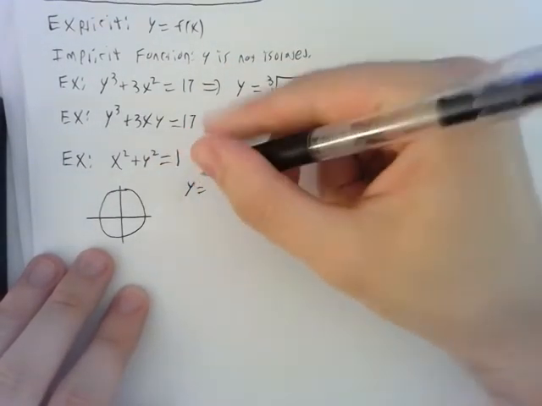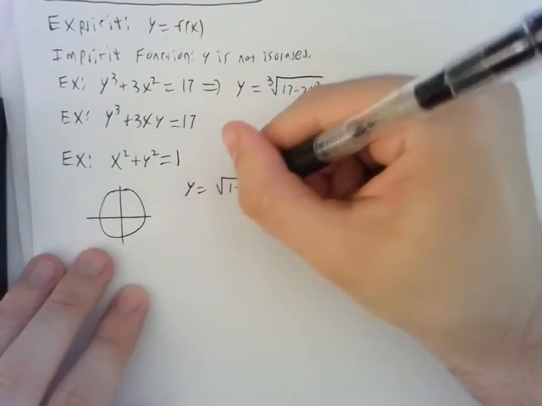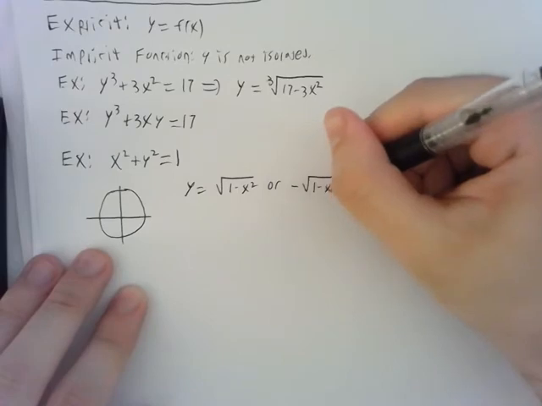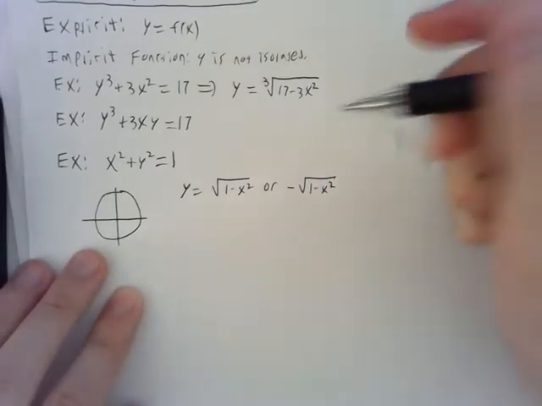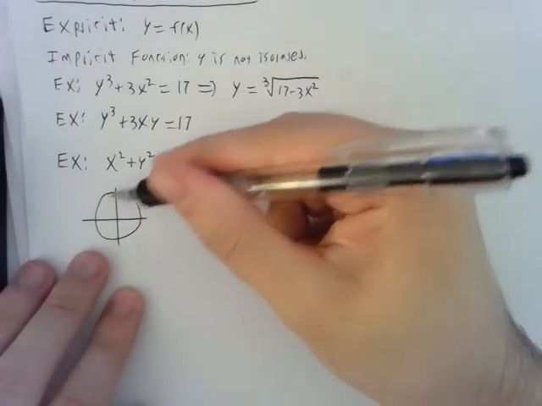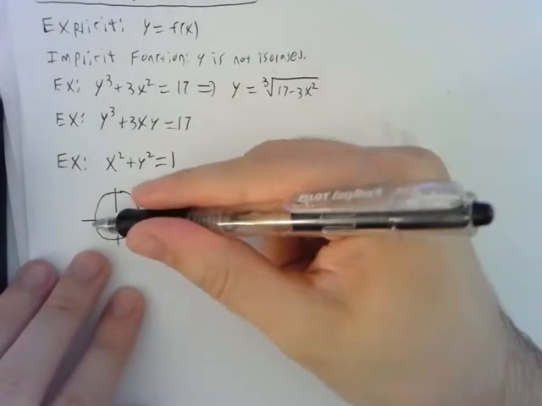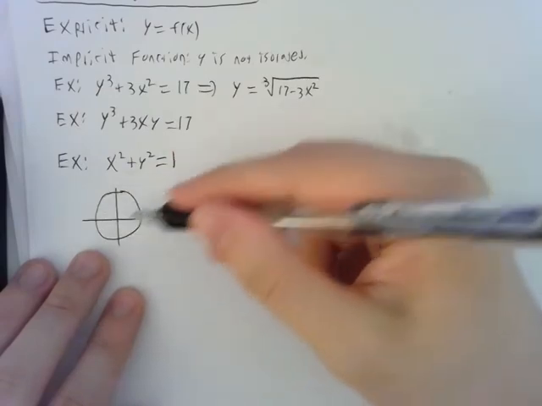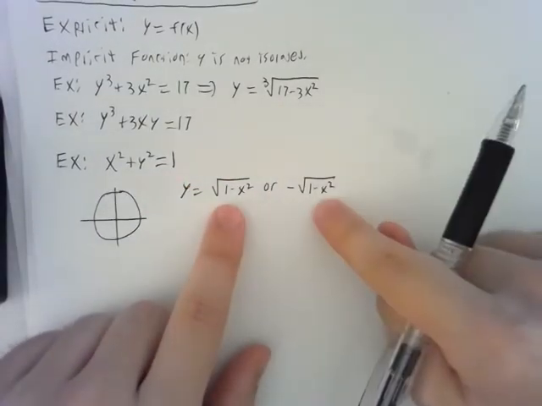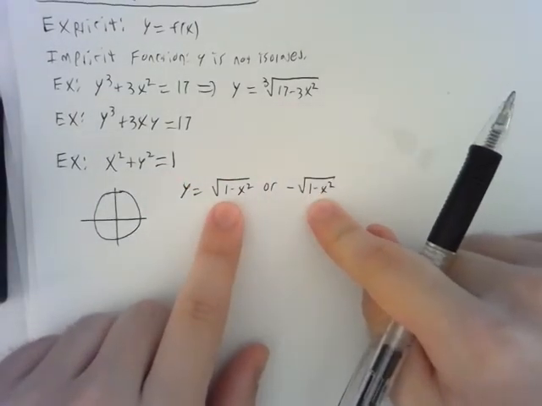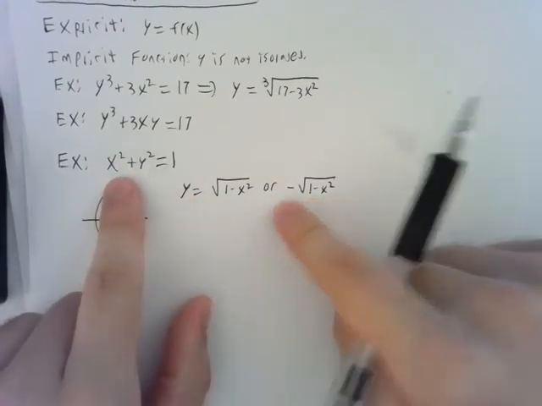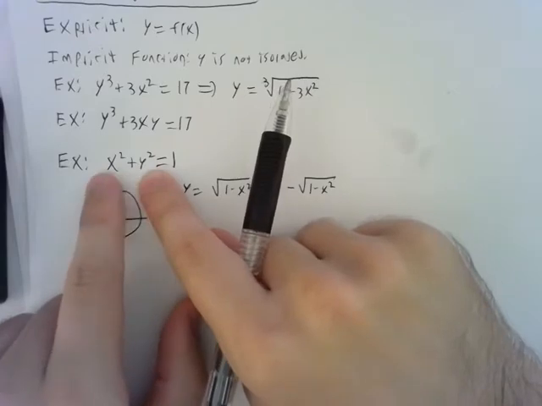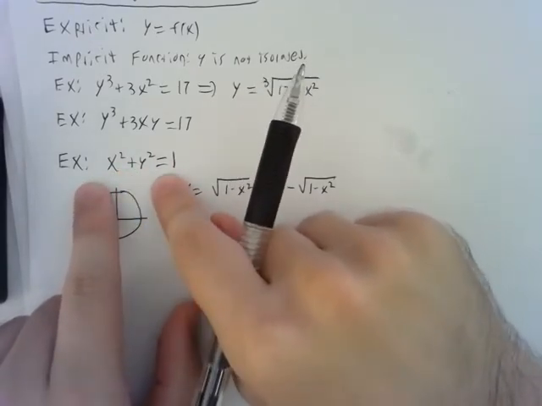We could write y equals the square root of 1 minus x squared, or negative the square root of 1 minus x squared. The positive square root gives the top half of the circle, and the negative square root gives the bottom half. But if we really want to work with the full circle, it's inconvenient to split it into two equations like this. So this is a case where it's more convenient to work with an implicit formula, because now we just have one single equation to work with.